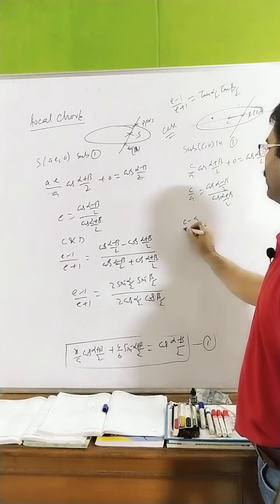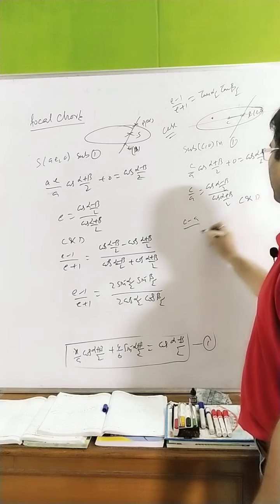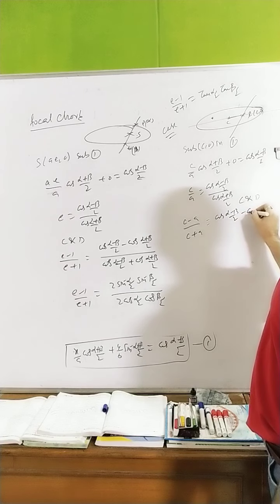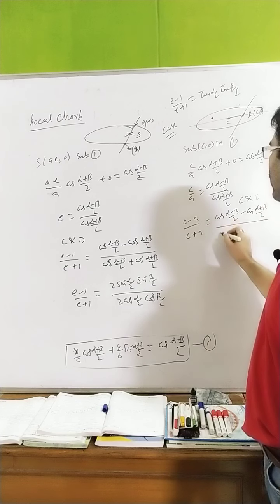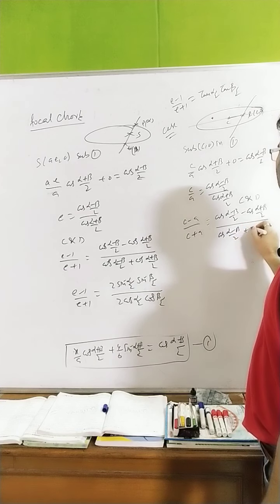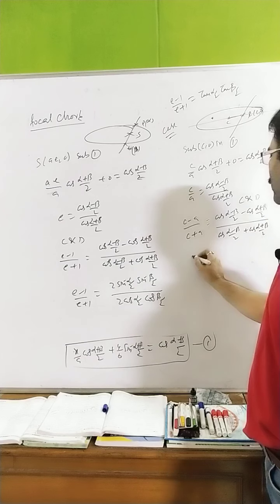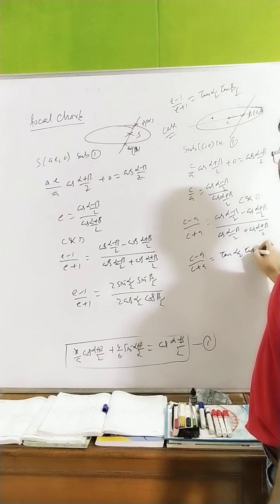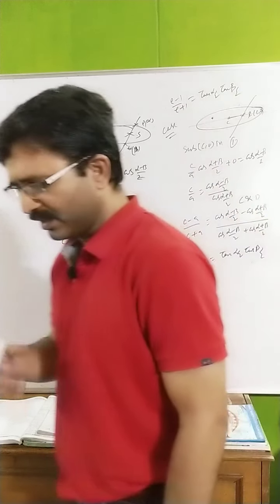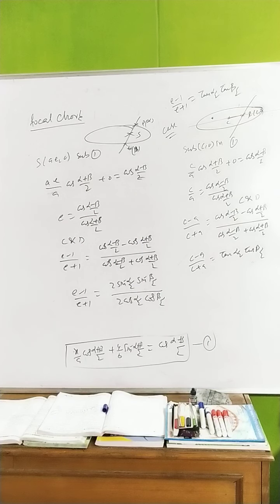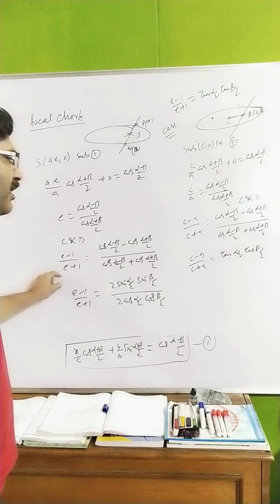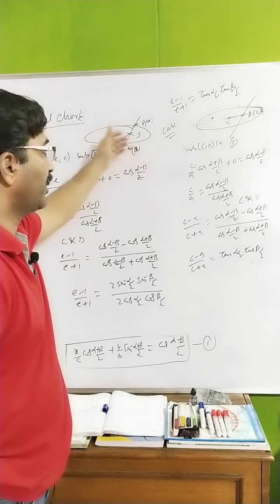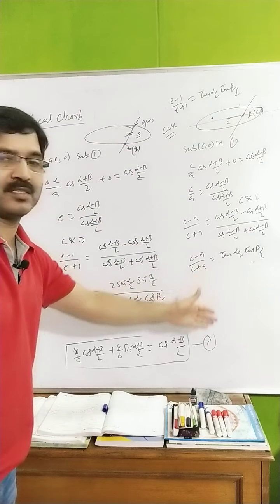Here also go for componendo and dividendo: (c minus a)/(c plus a) is tan(alpha/2) tan(beta/2). So whether it passes through the focus or some point c units away from the center on the major axis, we get this result.